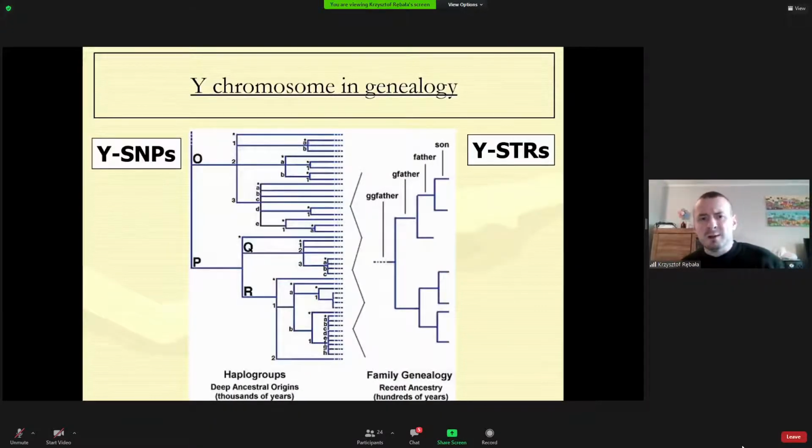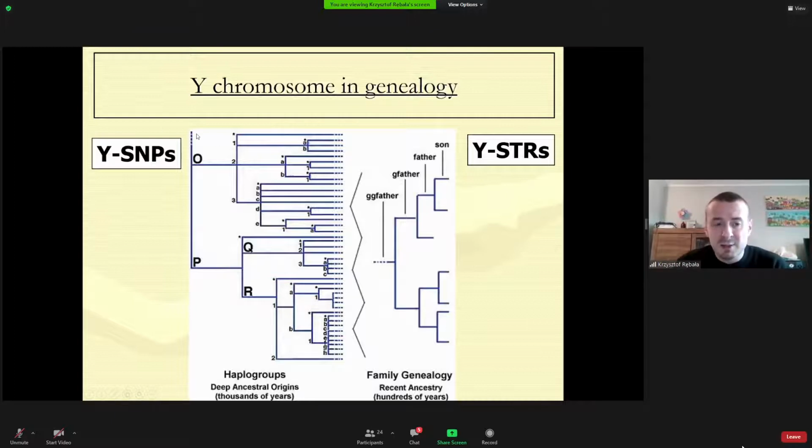Of course, just to sum up, the Y chromosomes can be used in genealogy to uncover the deep ancestral origin, defined by thousands of years. So we can detect the haplogroup.